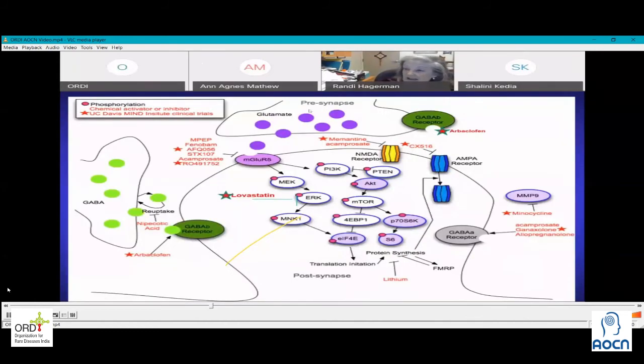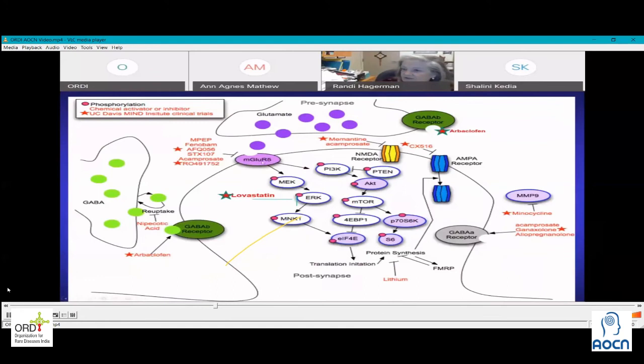So this just shows some of the pathways that are dysregulated. And initially targeted treatments focused on the mGluR5 pathway that was shown to be overactive in Fragile X syndrome.